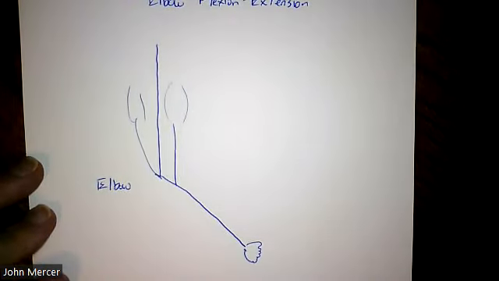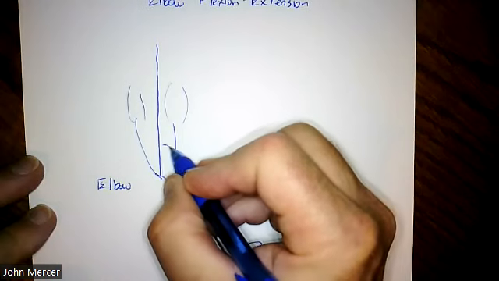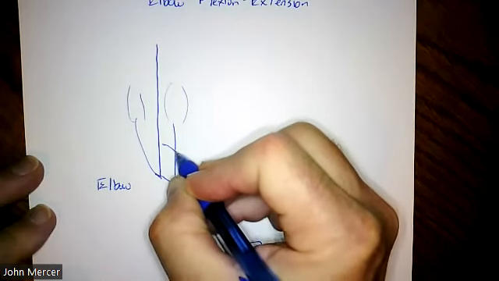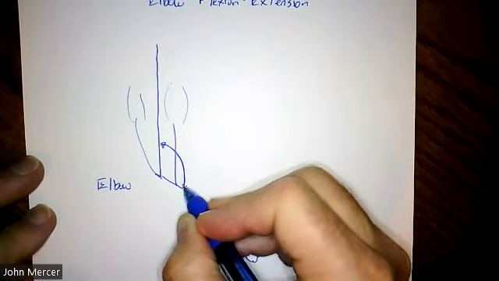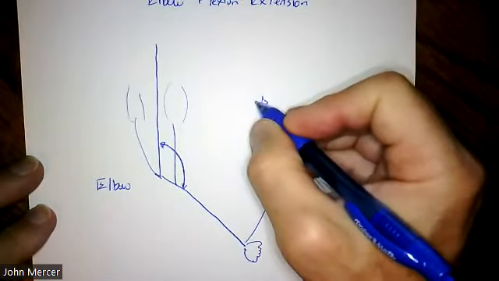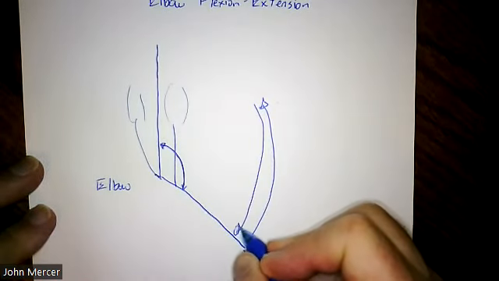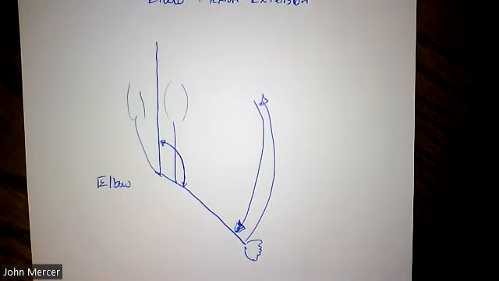What we're going to do is quantify the angular kinematics of the elbow while the hand goes up and then back down as we go through flexion and then back through extension.